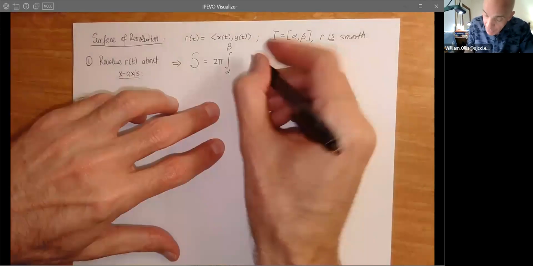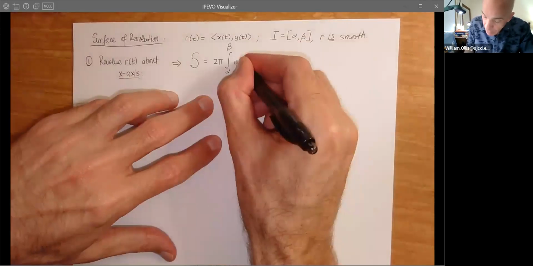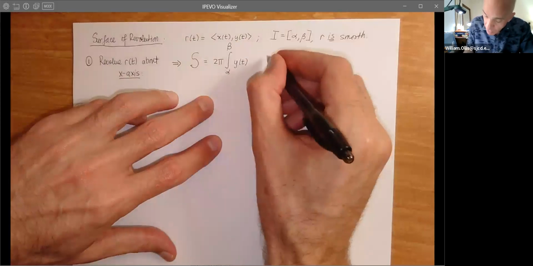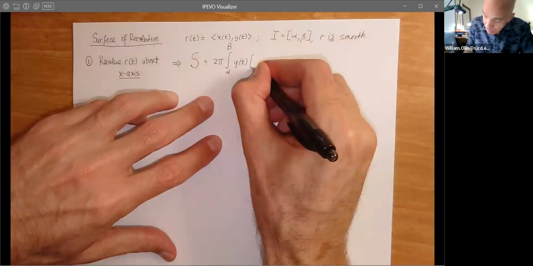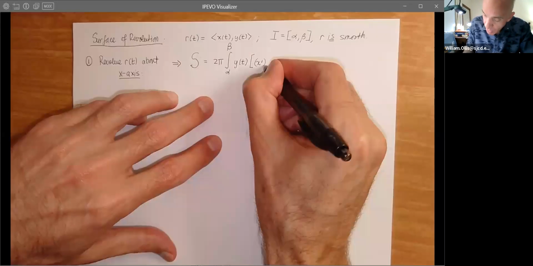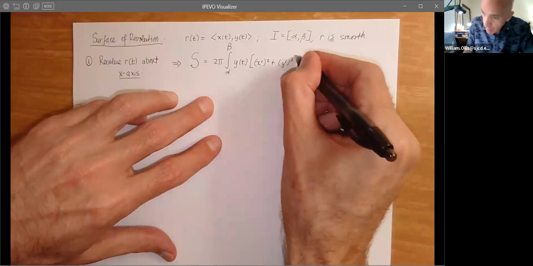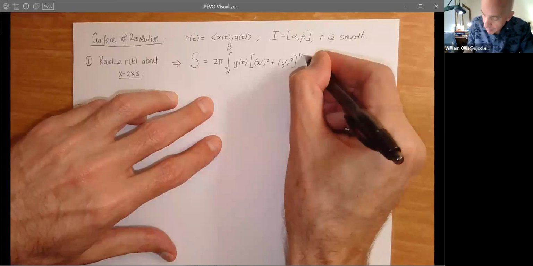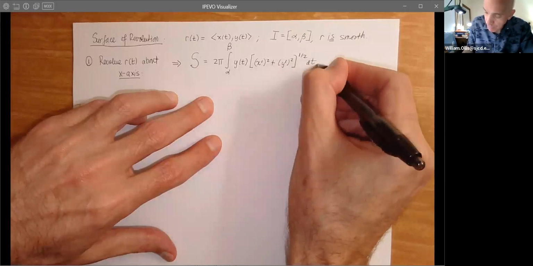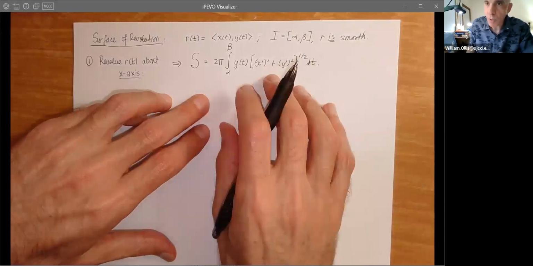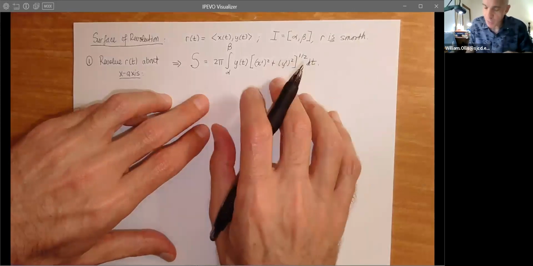So we have, in this case, y of t, distance to the x-axis, and then the element of arc length. So I'll just do it x prime squared plus y prime squared to the 1/2 dt. Okay, so we've done all the work, we just have to make the extension to what we derived earlier. So that's very simple.